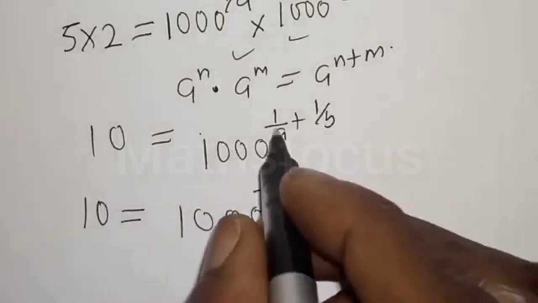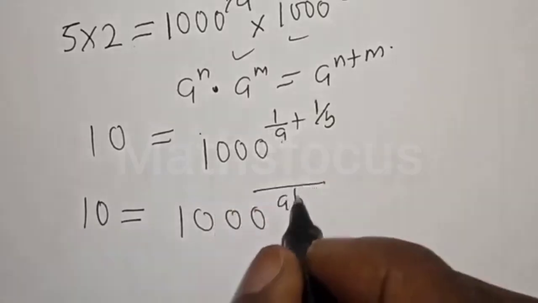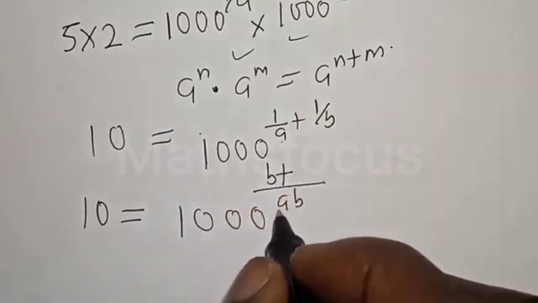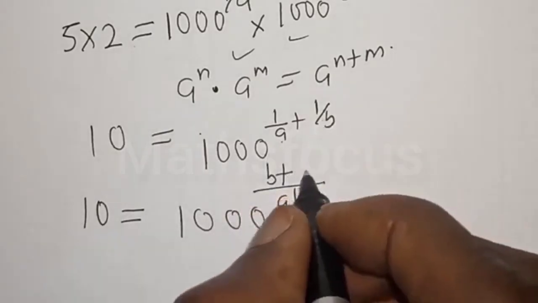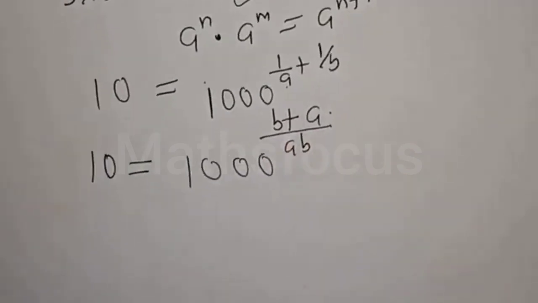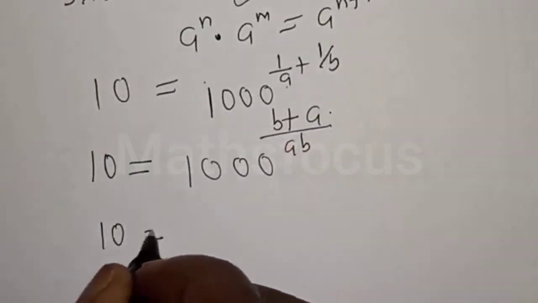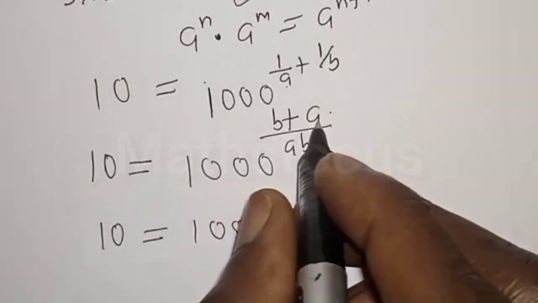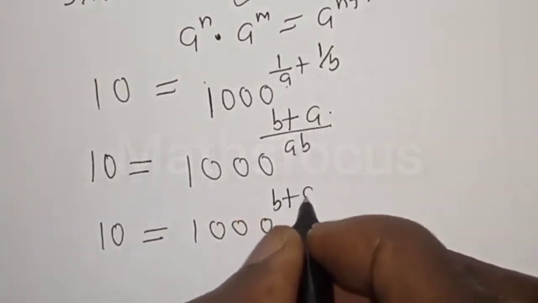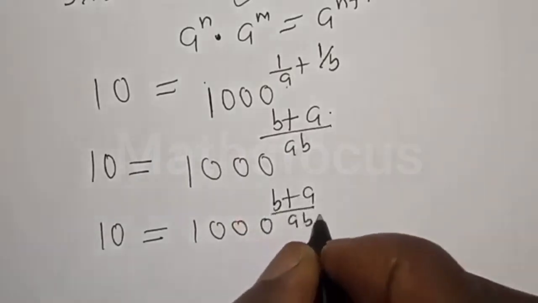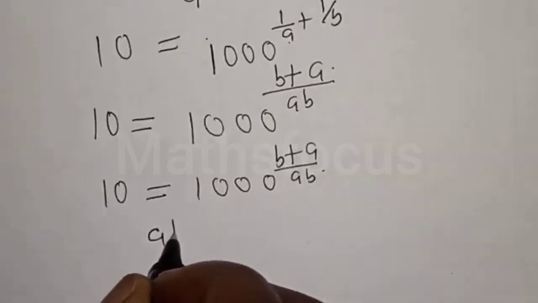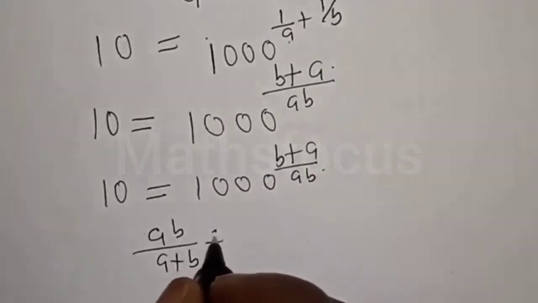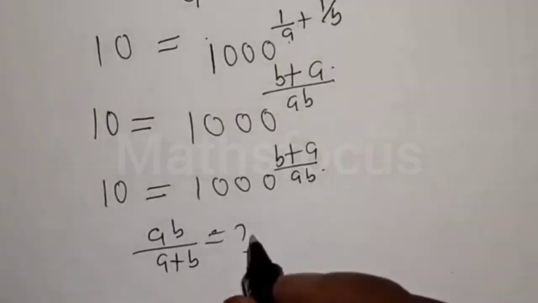A in AB, we have B times 1, that is B, plus B in AB remains A, then times 1, that is A. So we have 10 is equal to 1000 raised to power B plus A divided by AB. What we are looking for is AB divided by A plus B. You know, we don't know the value.